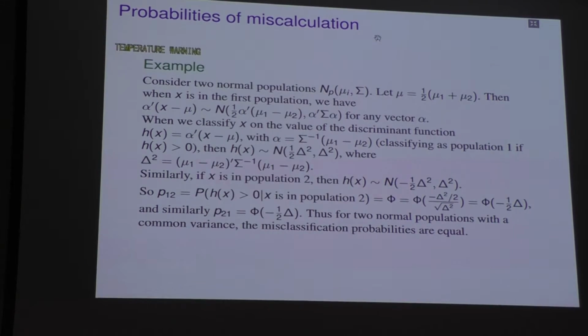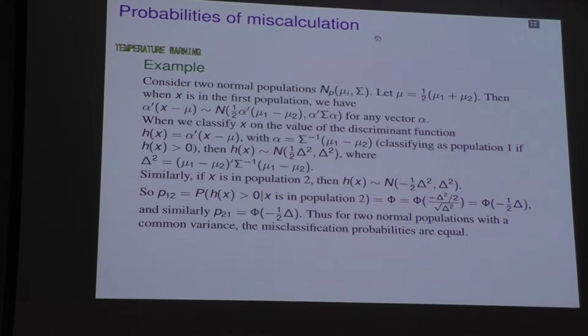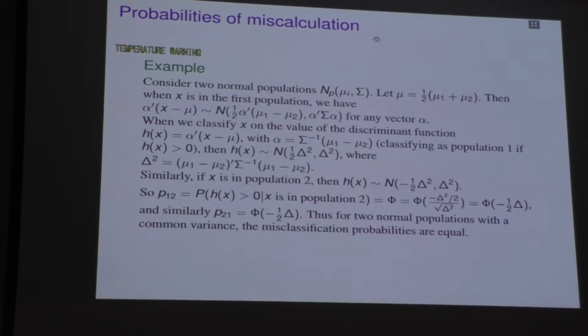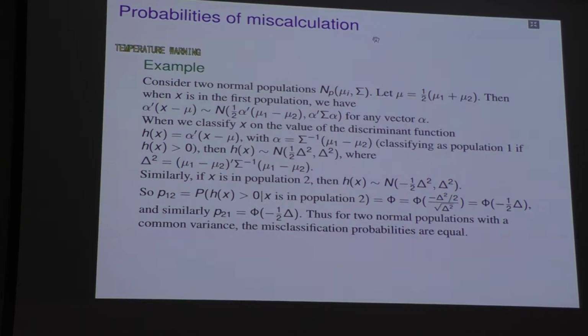And in exactly the same way, the other misclassification probability is exactly the same. If you've got something in population 1, then the probability that you're going to misclassify it as being in population 2 is once again phi of minus a half delta. So if you've got two normal distributions like this with a common variance, which is what happens in LDA, then you've got two misclassification probabilities, and they're exactly the same.